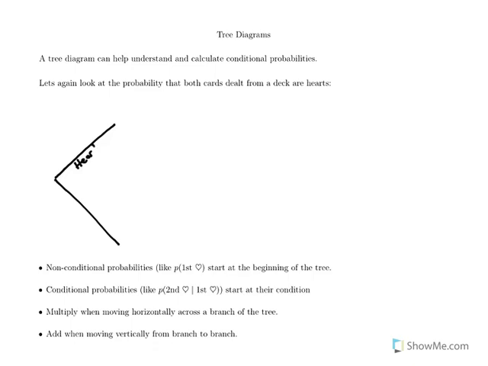It is either a heart or not a heart. The probability that it is a heart is 13 out of 52. So the probability that it is not a heart is 1 minus that, which is 39 over 52.